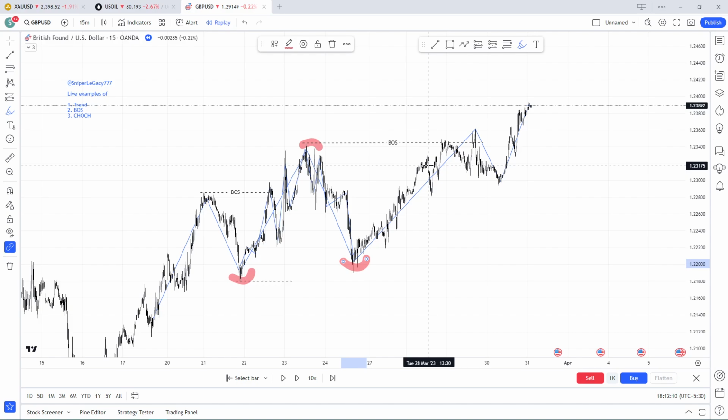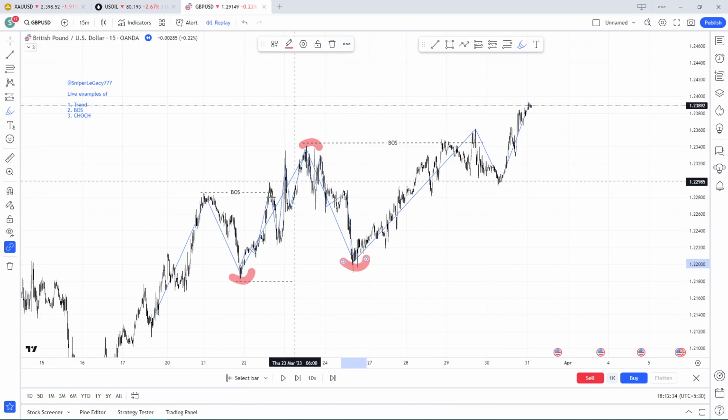So what we have to do here is ignore the internal structures, because the second BOS itself gave some drastic move, and the entire market got reversed after that. So we did not get any entry. At least we are not discussing strategy here. But okay, we did not get any entry. So let us ignore the internal structures and concentrate on the major one.